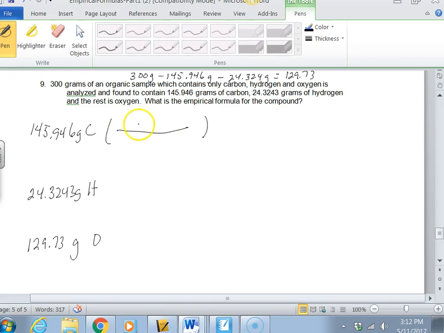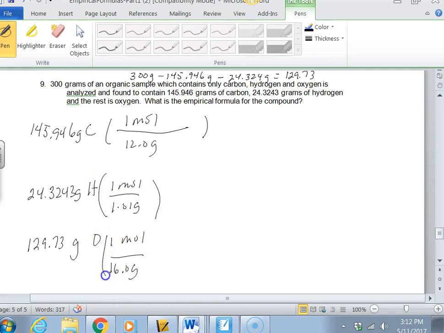Convert our masses to moles. So this becomes 1.216 moles carbon.